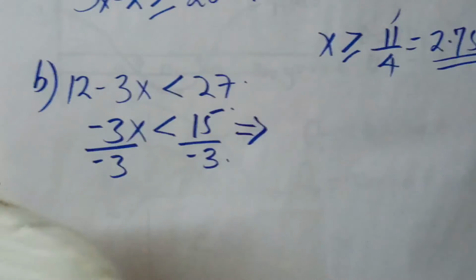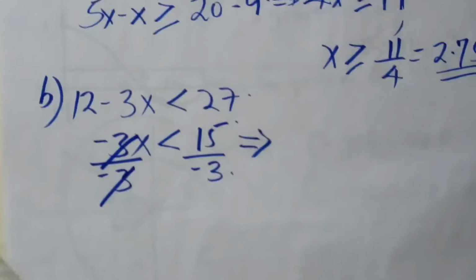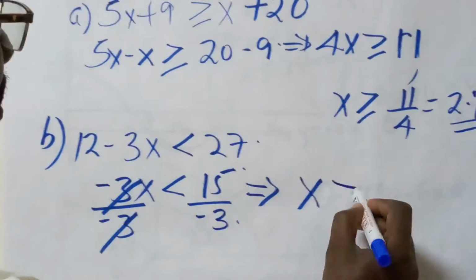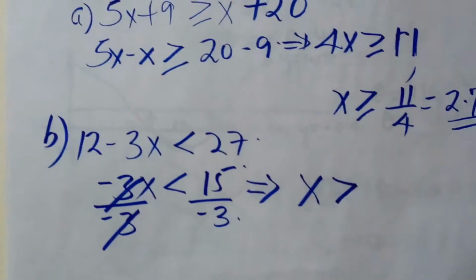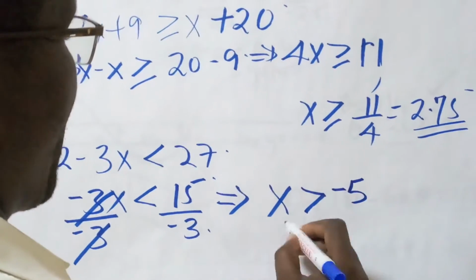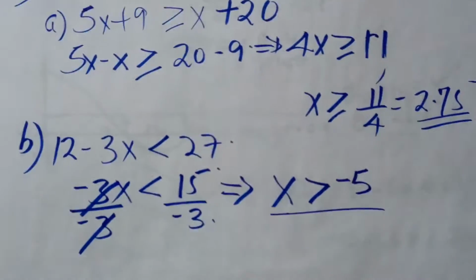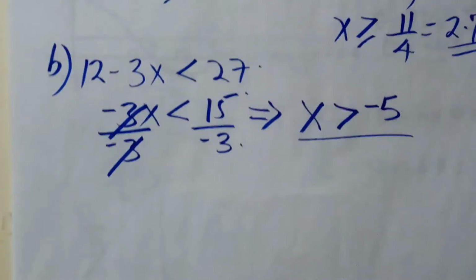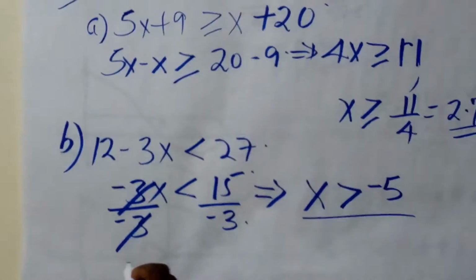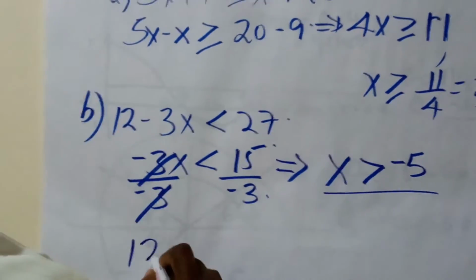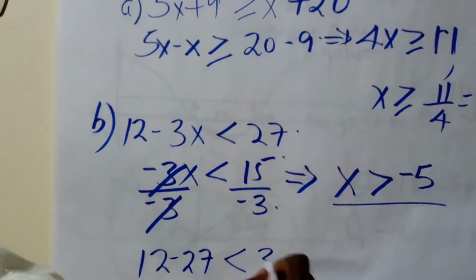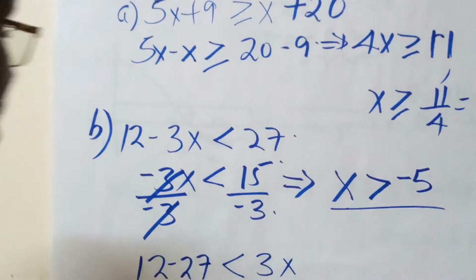That means by negative 3, x is now not going to be less than. Automatically that one reverses, such that 15 divided by minus 3 is minus 5. And that is it. To support our argument, we may want to take negative 3 across, and we have 12 minus 27 less than 3x, because now negative 3 has gone across.